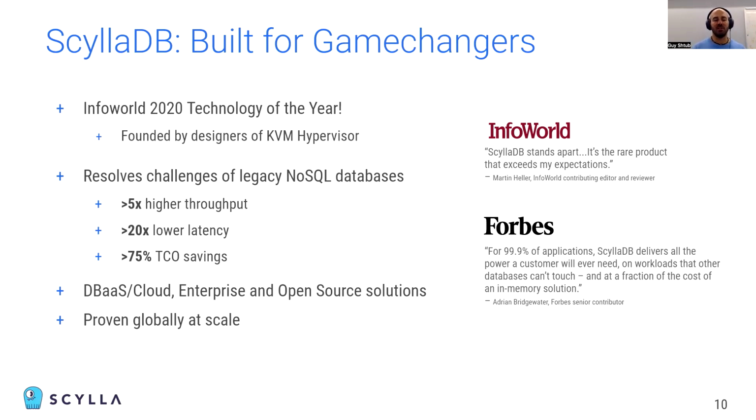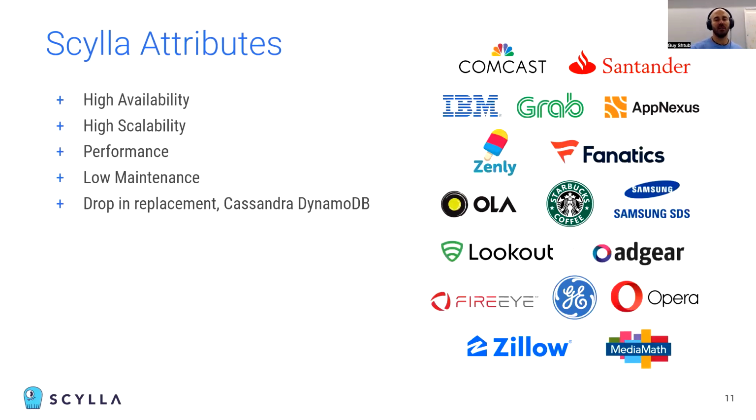And ScyllaDB is used by some leading companies that I'm sure you have heard about: Comcast, Grab, Disney, Zillow, and some others. So it's usually large companies. We have use cases from different industries: IoT, ad tech, financials, many others, banking as well.